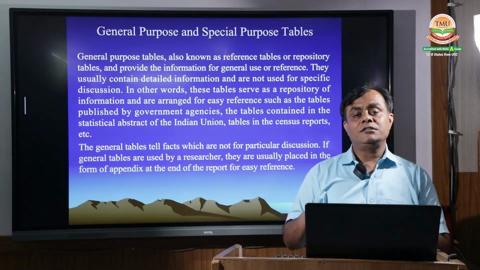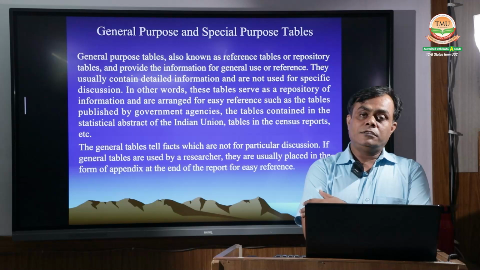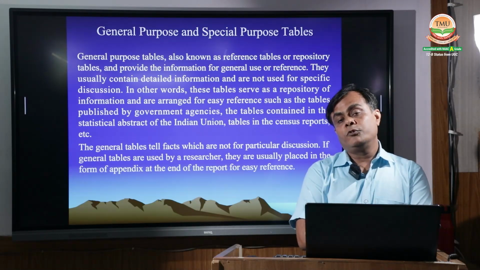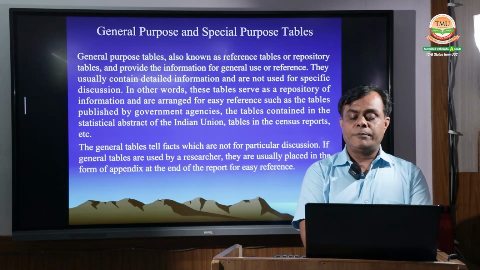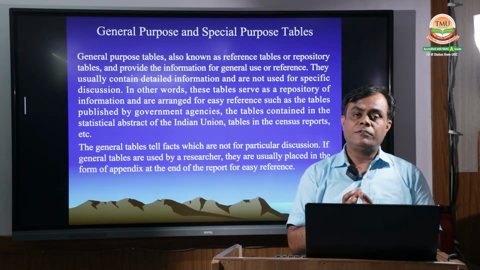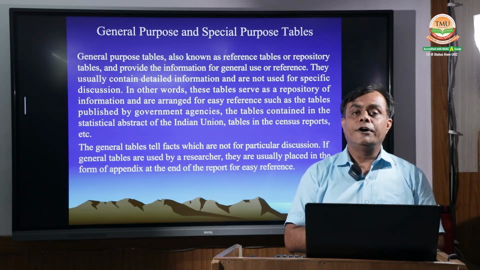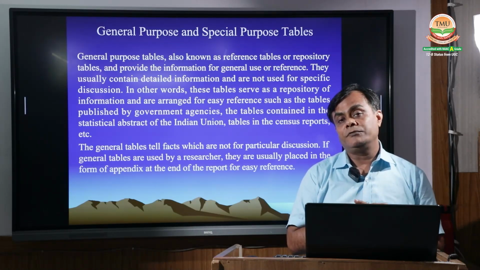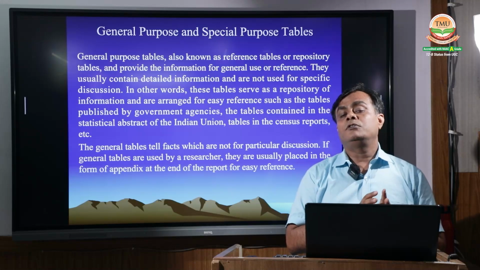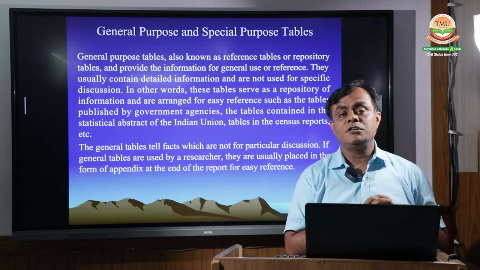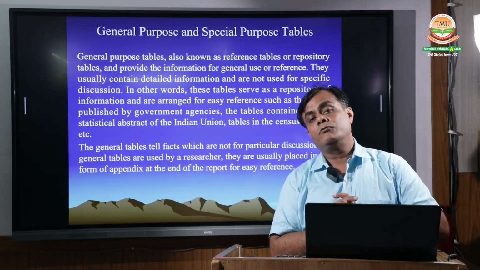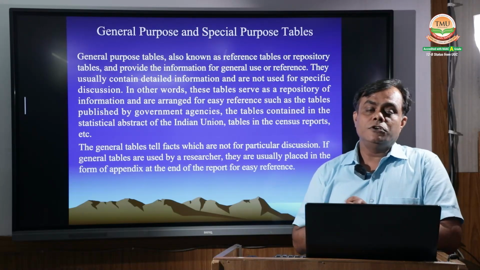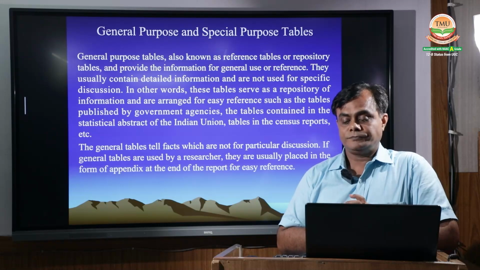When you are writing the report or anything related to your research, you put the general purpose table in the appendix, and that appendix becomes part of your references, so it is easy for others to understand where you gathered that information from, and if they want to check the reliability and authenticity of that information, they can check the appendix. So a general purpose table is always used in an appendix.